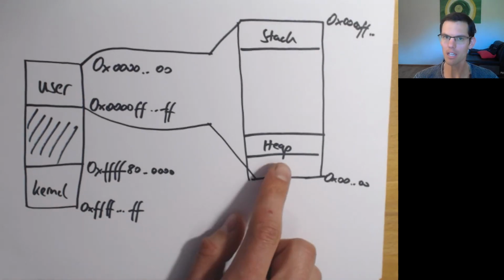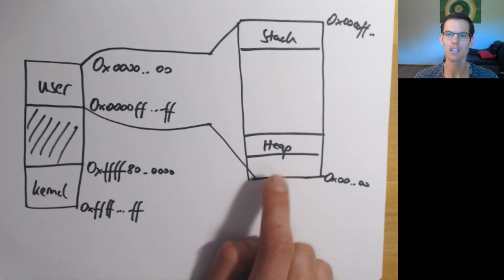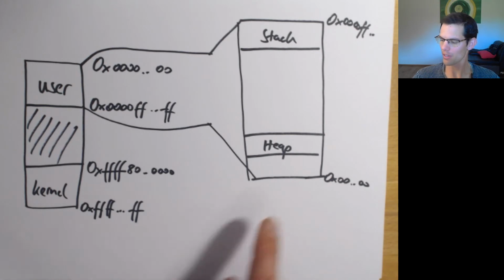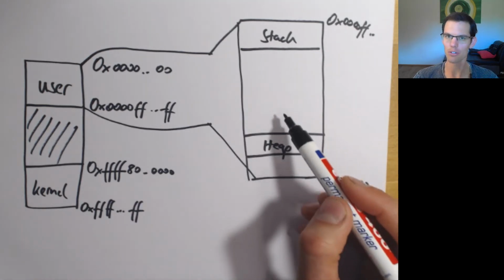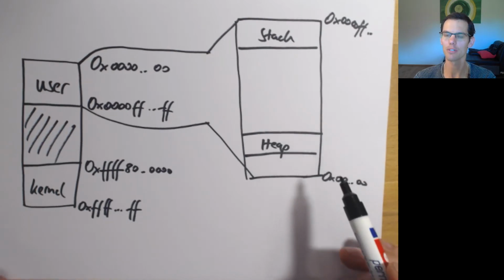And in the heap, you would store objects which you dynamically allocate during the program runtime, such as, for example, if you allocate huge parts of memory to store an image, then you would store that in the heap. And between the stack and the heap, there's lots of space that can be filled by the stack and heap during runtime.